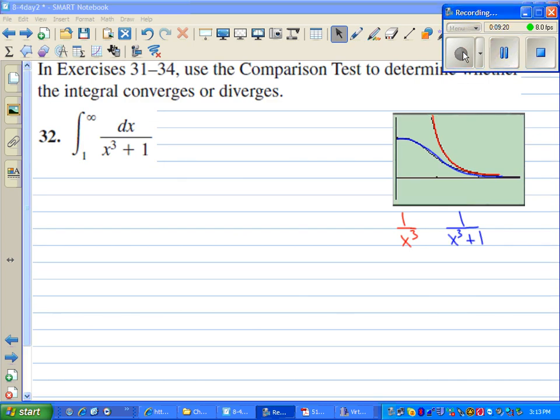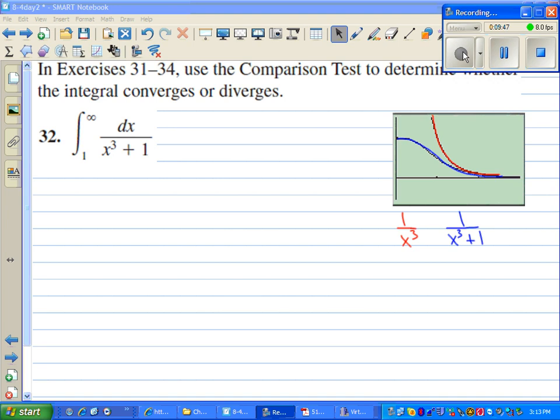In example number 32 in the book, we have the integral from 1 to infinity of 1 over x to the third plus 1. It'd be very difficult to find the antiderivative of this function, so we're going to compare it to one that we can take the antiderivative of, which is 1 over x to the third. Off to the right, I've graphed both functions. 1 over x to the third is in red, and 1 over x to the third plus 1 is in blue.